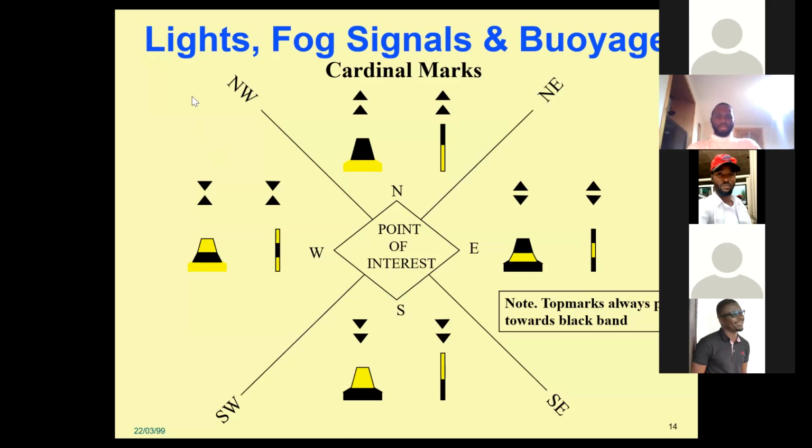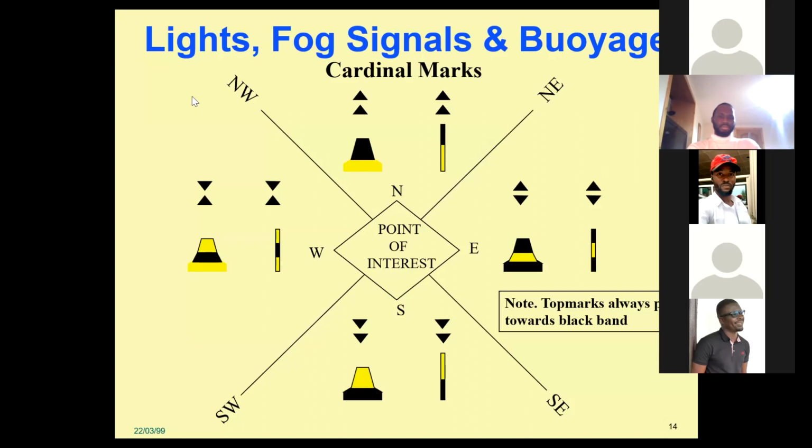What are you going to do? It's telling me to go through the east, so I'm going to alter my course to starboard, sir. You alter your course to starboard and you clear away from the point of danger. That's correct. So now you see the East Cardinal Mark and you're coming from the southwest.